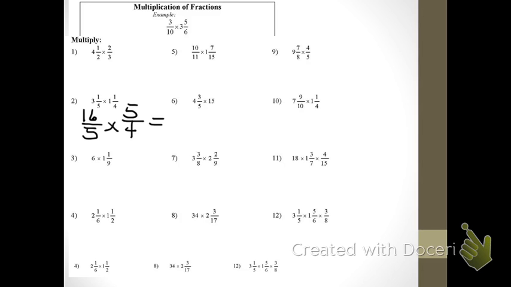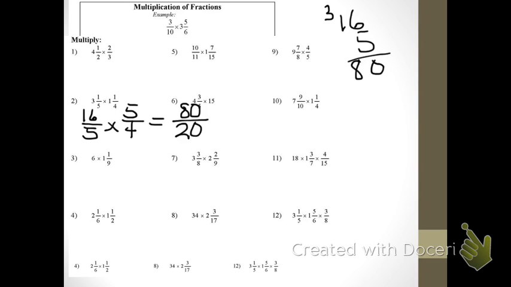And then we're going to multiply across. You want to go off to the side and do 16 times 5. 6 times 5 is 30. 5 times 1 is 5, plus 3 is 8. So the top number is going to be 80. And on the bottom, I have 5 times 4, which is 20.